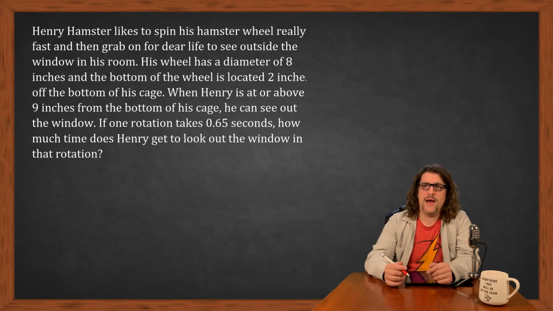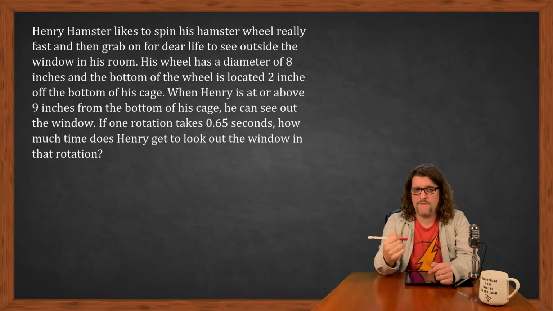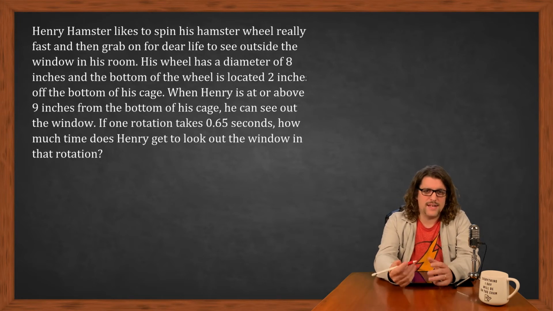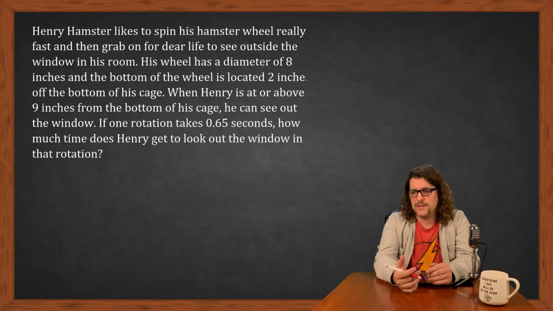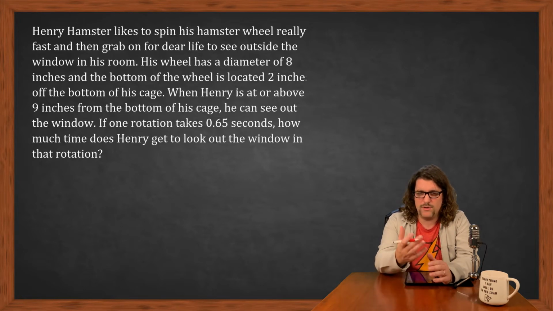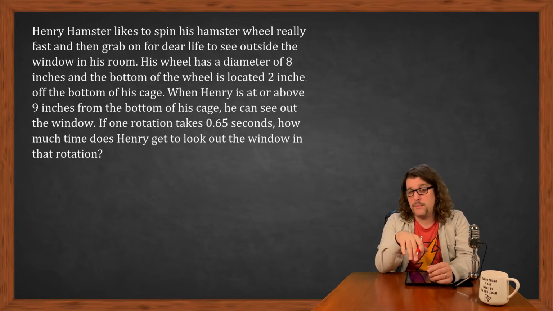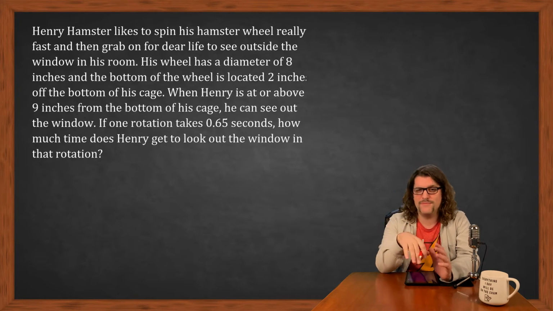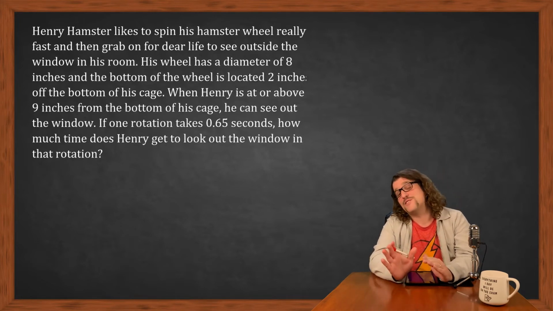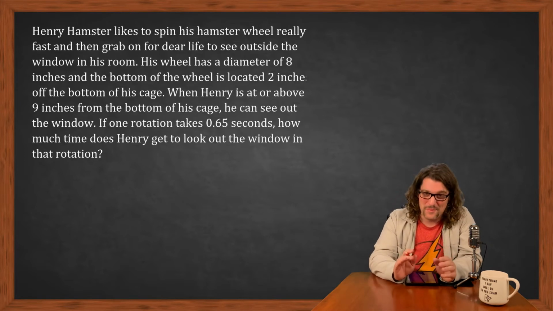Specifically, we're told that when he's above a certain height off the bottom of the cage, he's able to see out of a window. Again, don't worry too much about the orientation of the poor hamster. Maybe the window is off to the side of the wheel. Let's say he's tilting his head off to the side, and we'll go from there.